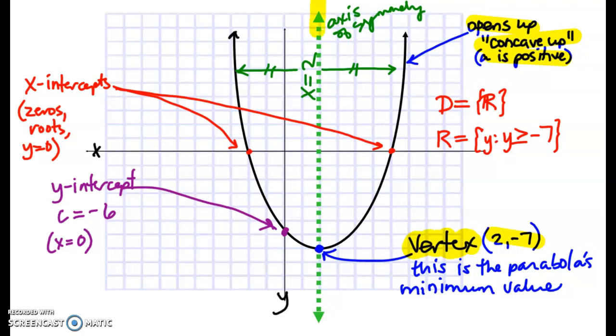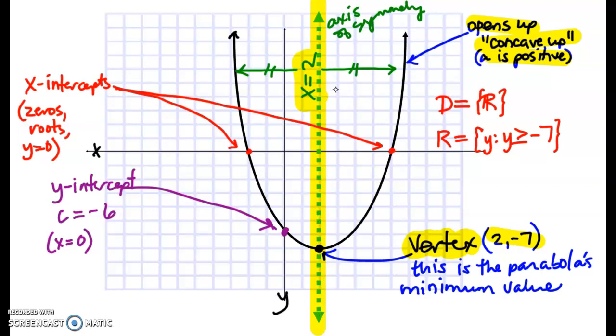The line that runs straight down the whole center of the parabola is called the axis of symmetry. Symmetry because this line divides it exactly in half, meaning it's symmetrical on either side of this line. In this case, we say that the equation of the axis of symmetry is x equals 2, because that's what this line is, everywhere where x equals 2.